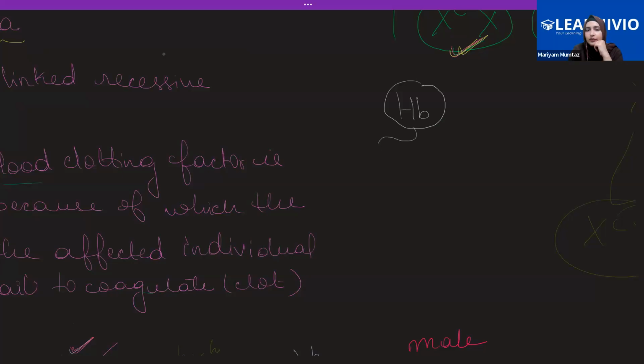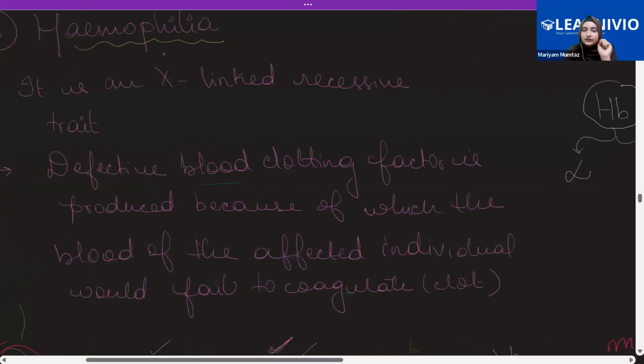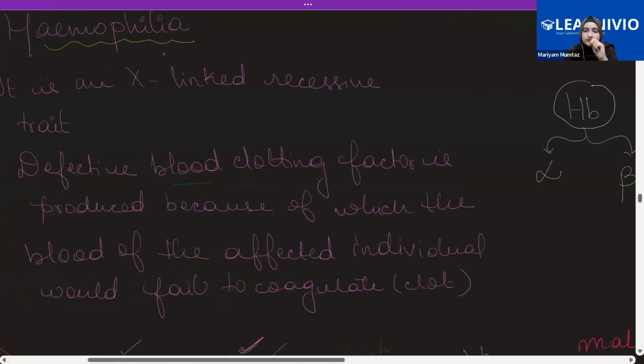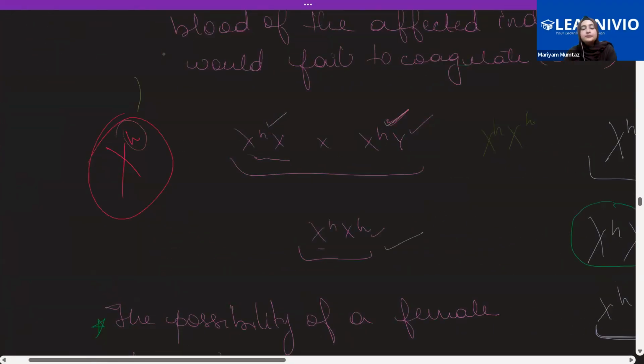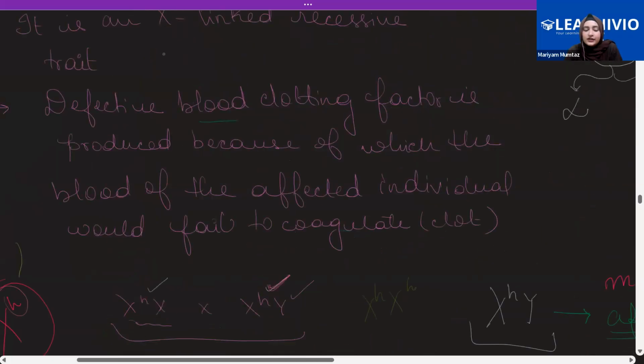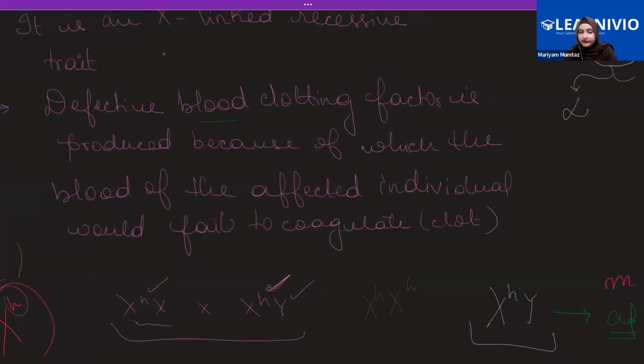Hemoglobin is made up of two chains, alpha chain and beta chain, and accordingly, if the mutation is happening on the alpha chain, the disease will be called alpha. Wait, no, this is about the clotting factor. Sorry, I was telling you about thalassemia. So in the case of hemophilia, the person suffers from this defective blood clotting factor.